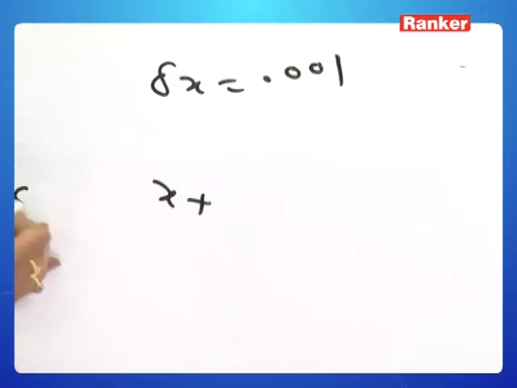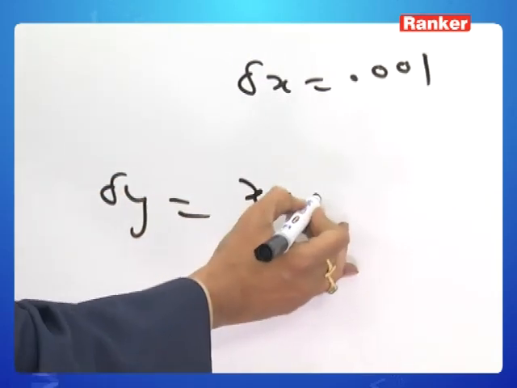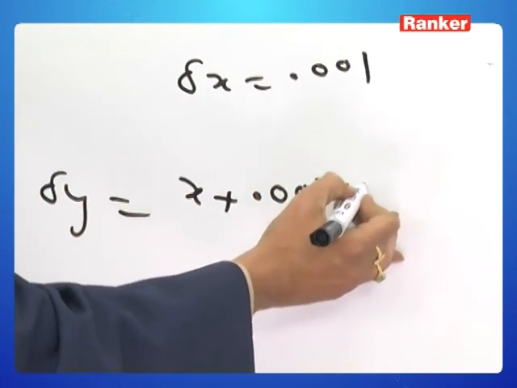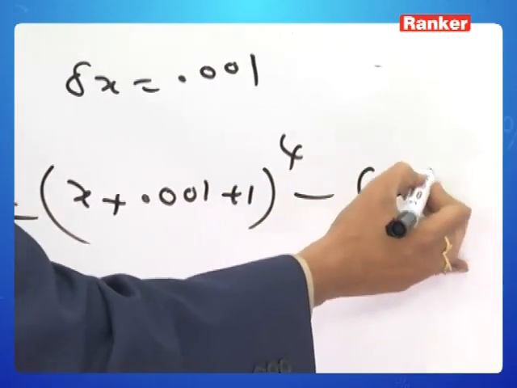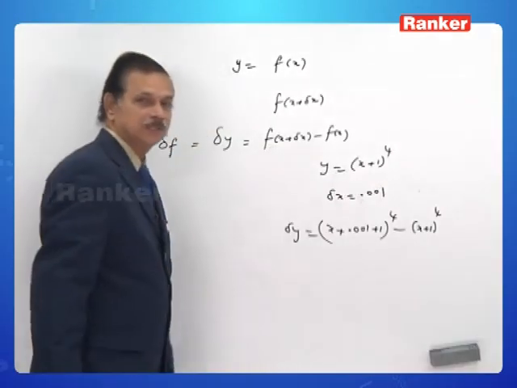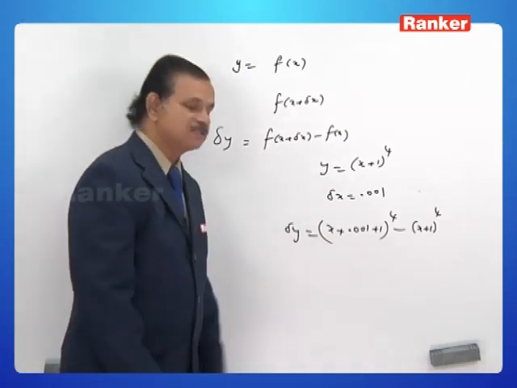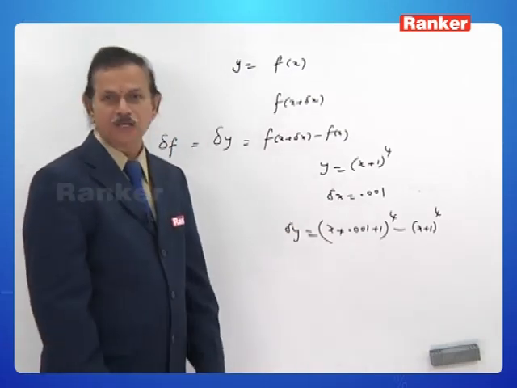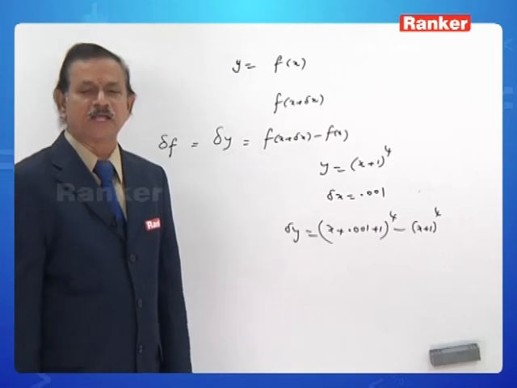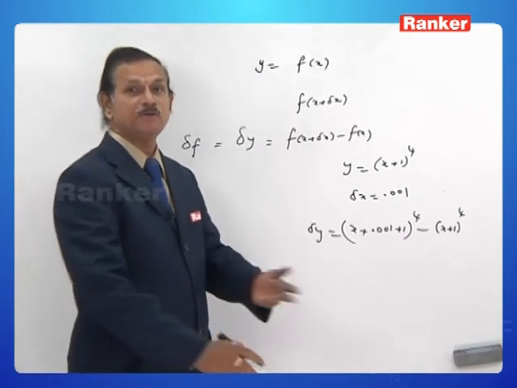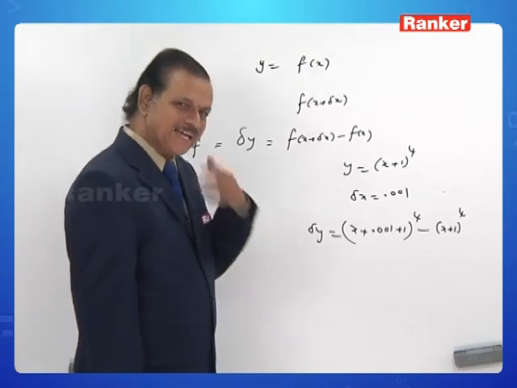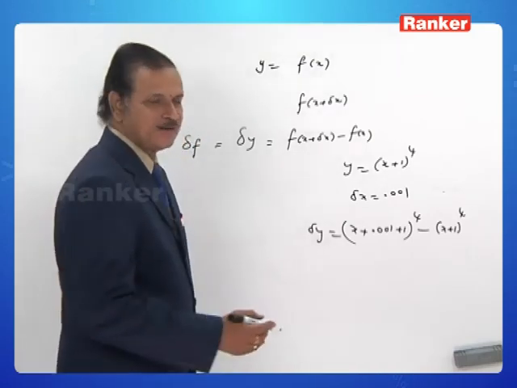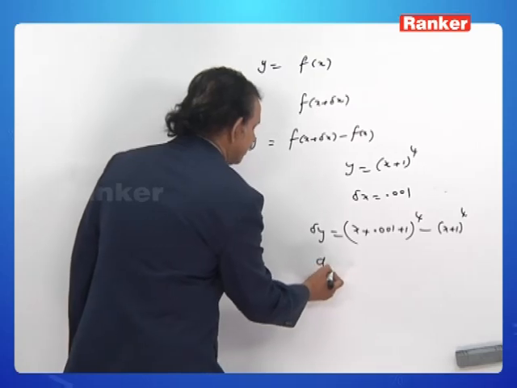Delta y is 1 plus 0.001 plus 1 whole to the power of 4 minus of x plus 1 whole to the power of 4. To calculate this exact change might be tedious in some cases. Then we find an approximate change, that is df.